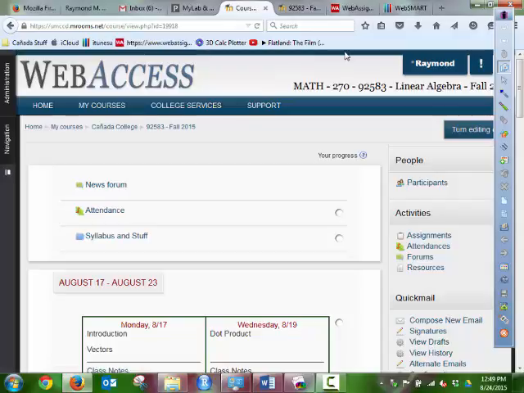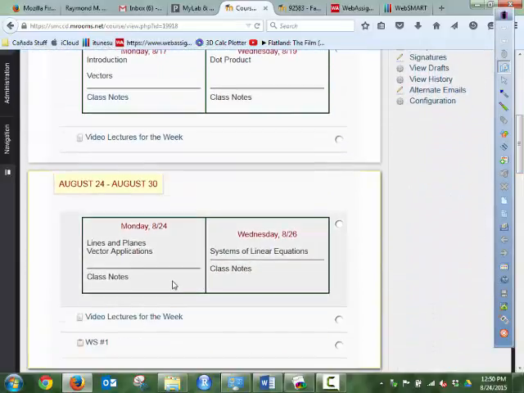And I think the last thing we did was vector dot product. So today we're going to continue working on vector dot product, and then we're going to discuss lines and planes.